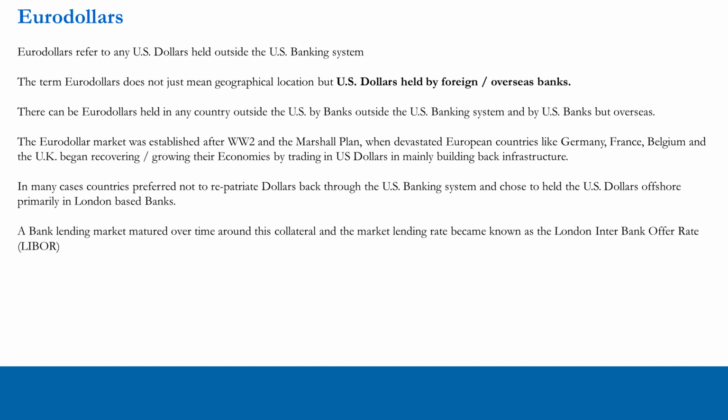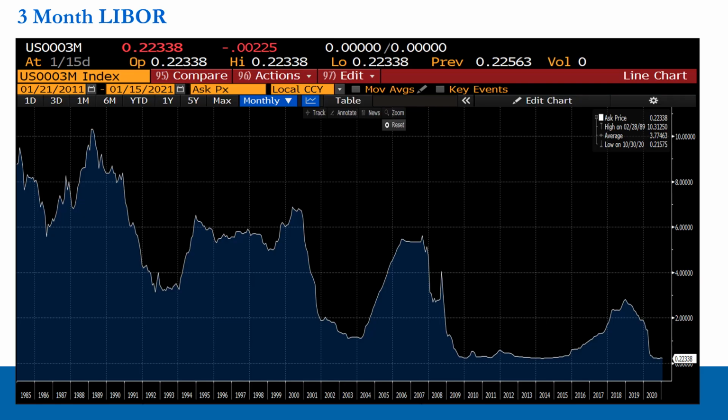So the way it works in practice, banks holding US dollar deposits outside the United States reference the 3-month LIBOR rate, which is priced off and referenced most typically from the 3-month US Treasury rate. That spread is commonly known as the TED spread.